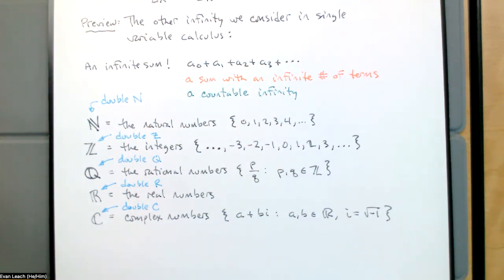The natural numbers are a subset of the integers, which are a subset of the rational numbers, which are a subset of the real numbers, which are a subset of the complex numbers.